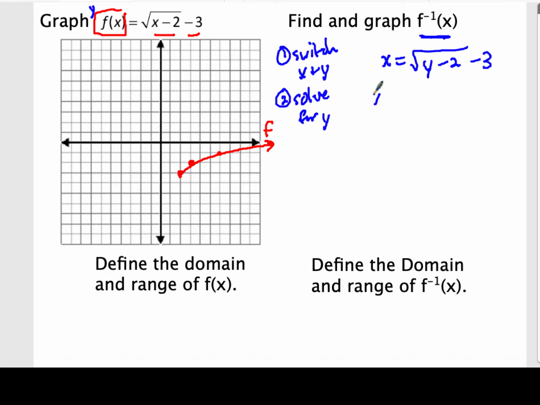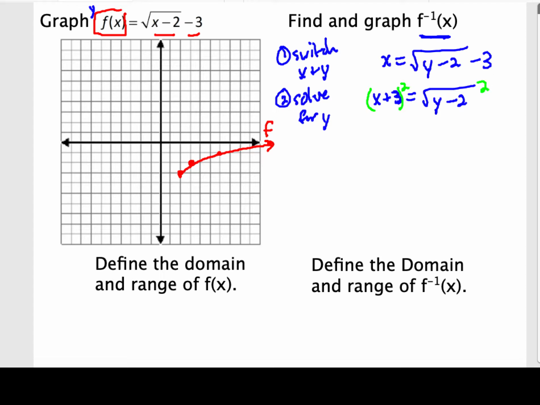So let's add 3 to both sides. Again, canceling that minus 3 on the right, leaving you with x plus 3 equals the square root of y minus 2. Then let's go ahead and square both sides. We want to take the square of this side, and we're going to put that in parentheses and square that other side. So we're going to say that this is x plus 3 squared. No reason to actually do the squaring. I think we're in good shape here.